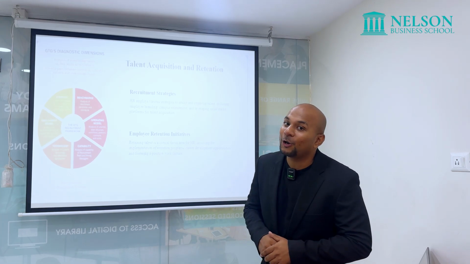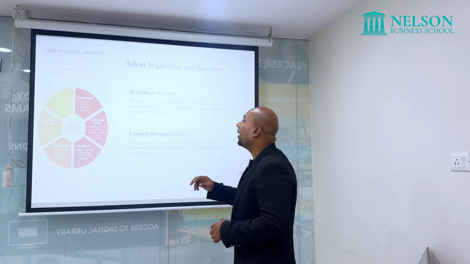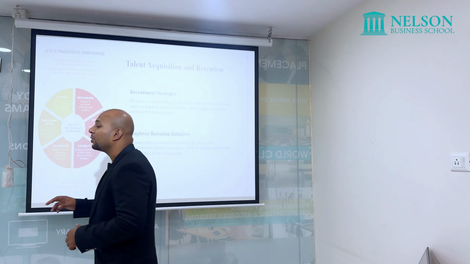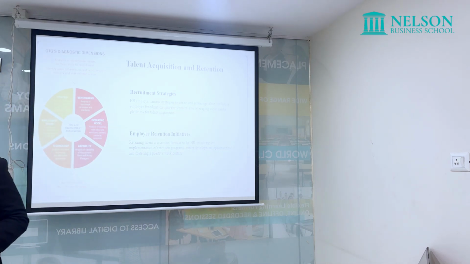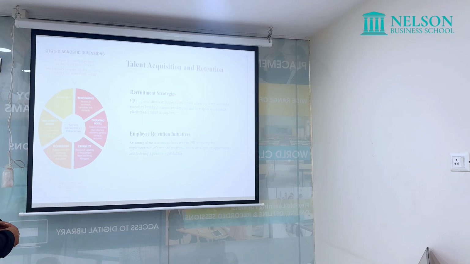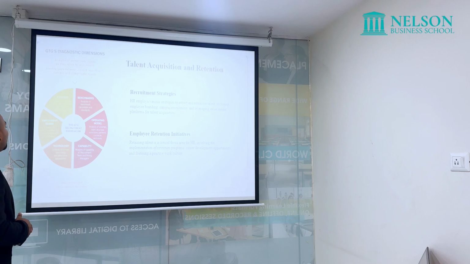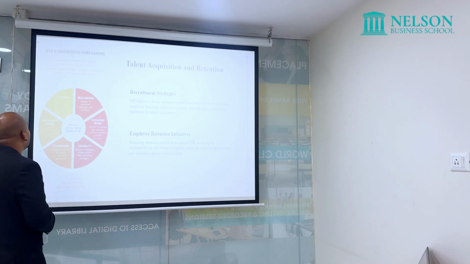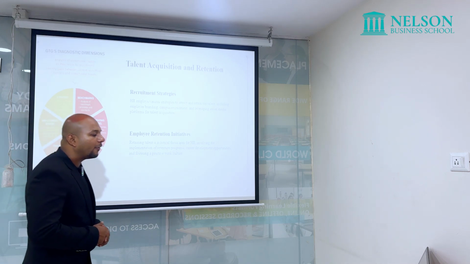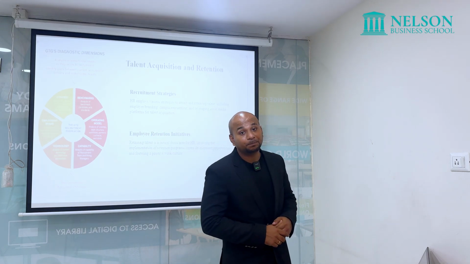Because this class is all about key functions of the human resource. That is the reason why we need to understand the 6 strategies, and I want all of you to remember them: number 1 strategy, number 2 benchmarks, number 3 operating model, number 4 capability, number 5 technology, and the last one is employment brand.